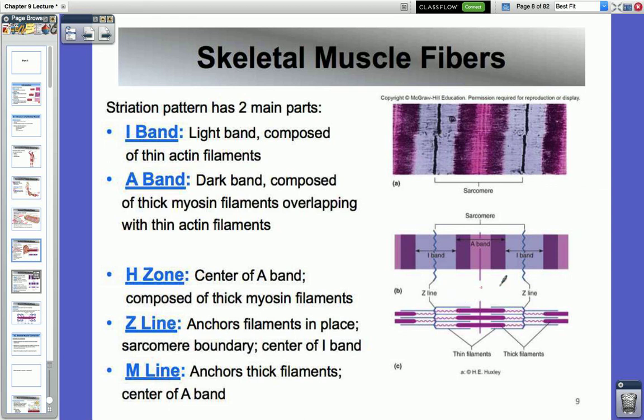So from here to here will be our A-band. H-zone, only thick filaments. Z-lines, those zigzag patterns of the actin. And M-line is the very center. It anchors those thin filaments.